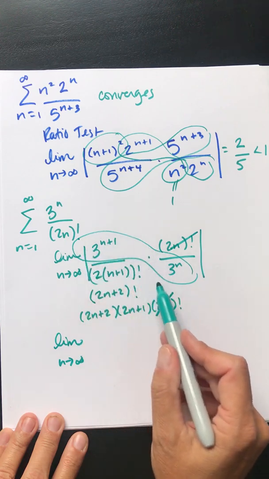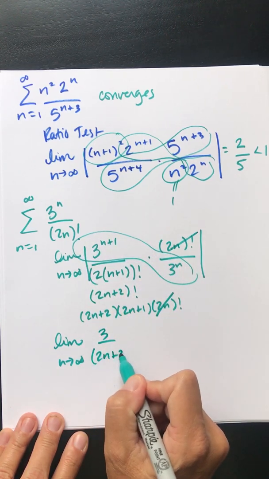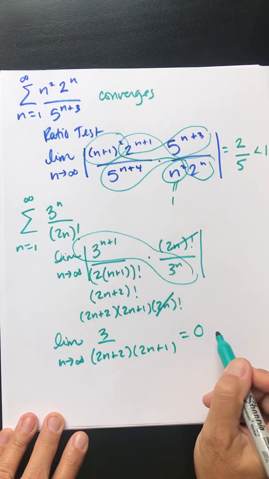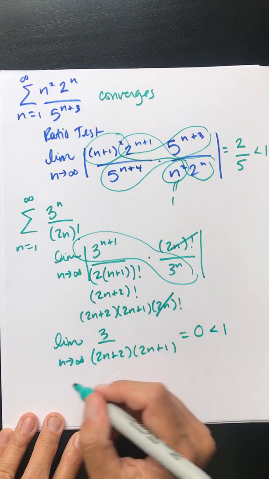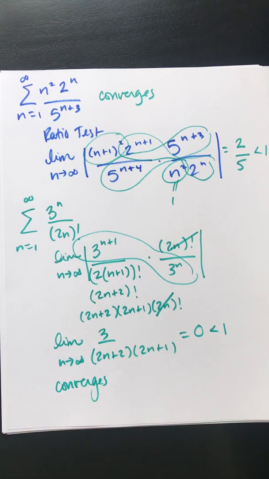Again, I had a 3 left on the top. 3 over 2n plus 2 times 2n plus 1, which is 0. 0 is definitely less than 1, so this converges. Now the ratio test converges absolutely, but because this is not an alternating series, it just converges.